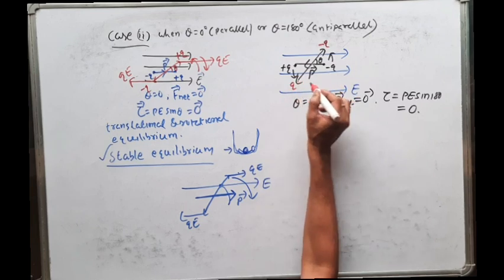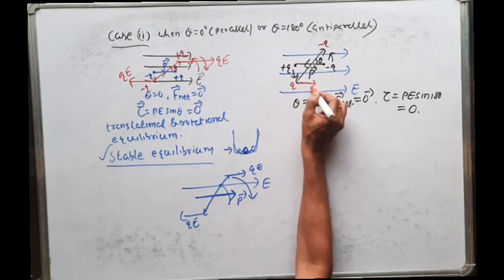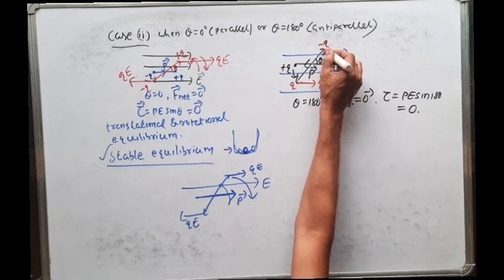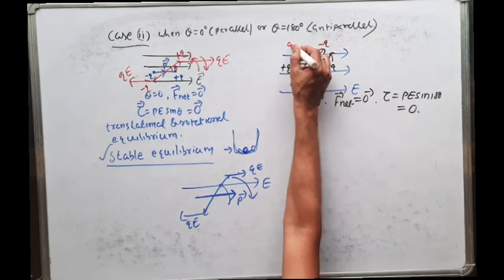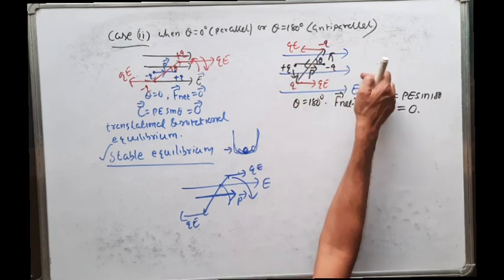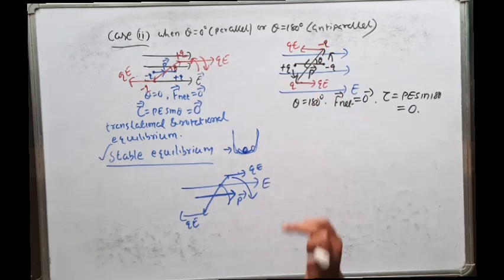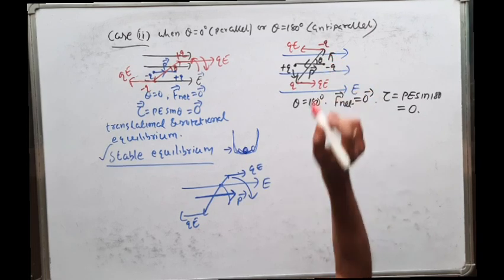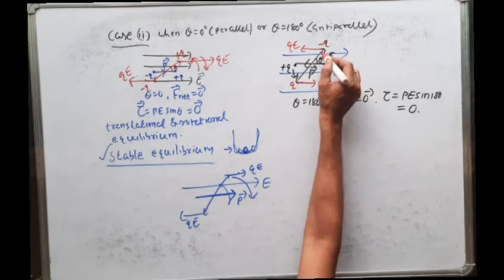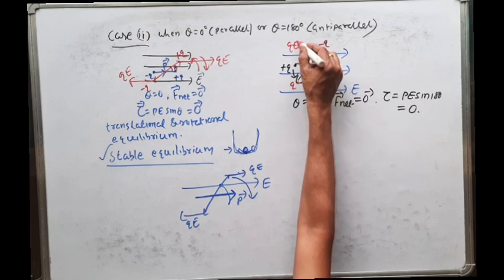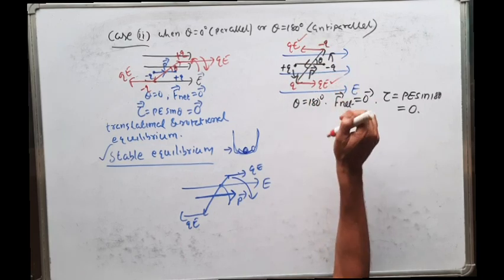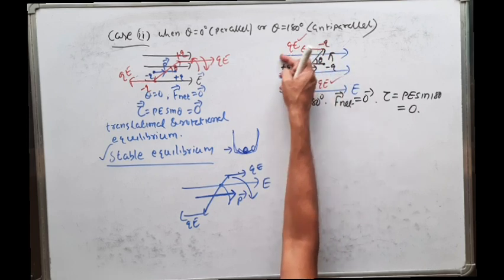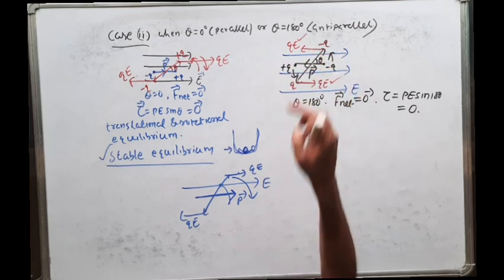This plus q will experience a force along the direction of E vector, that is qE, and this minus q will experience a force of magnitude qE opposite to that of the electric field. After that, a torque will be developed by this qE and this qE, which will again rotate the dipole in the same direction as the initial rotation.